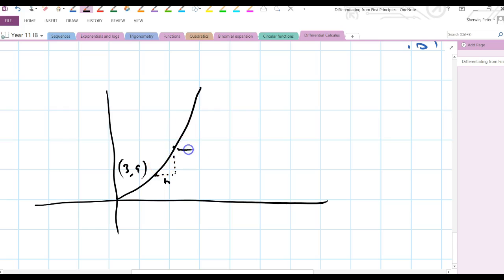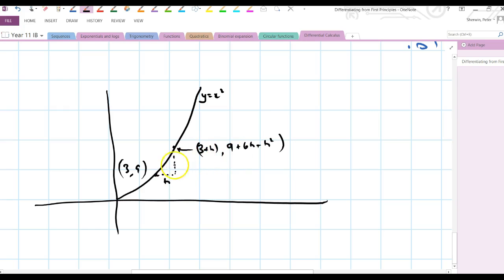All right, so what are my coordinates here? So my x coordinate is now 3 plus h, and my y coordinate, because this is still y equals x squared, my y coordinate is (3 plus h) squared, which is 9 plus, what's that, 6h plus h squared, isn't it? That's my y coordinate.